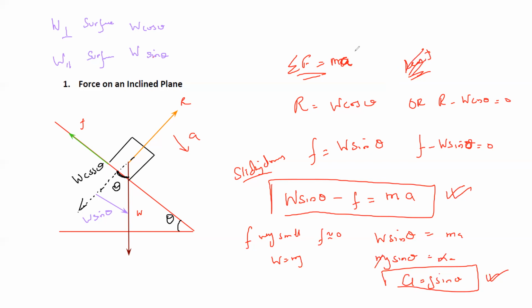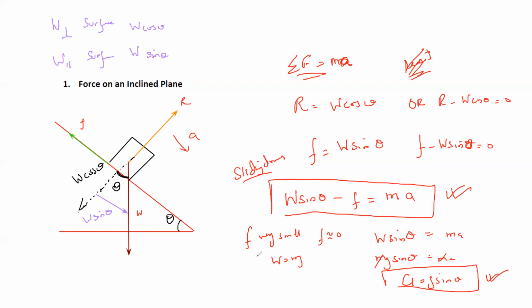So two conditions are there. First one, the object might be stationary on the inclined surface. The second condition, the object might accelerate downward, and accelerating downward has two cases. It might have no friction, in that case acceleration will be equal to g sine theta. But if the friction has a considerable value, then W sine theta minus f is equal to ma.